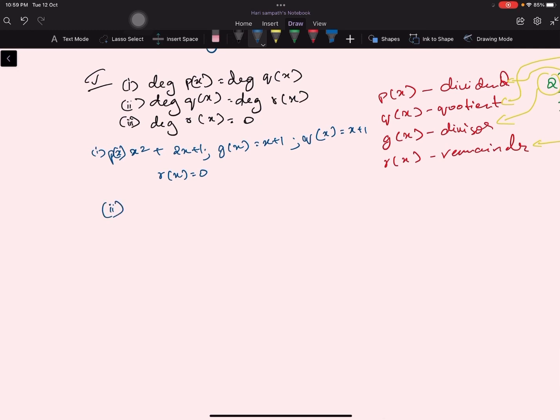For the second one, q of x, the quotient, should have the same degree as the remainder. This will also be easy, guys. So for the quotient to have the same degree as the remainder, what we need to do is, give me a minute, let me think.